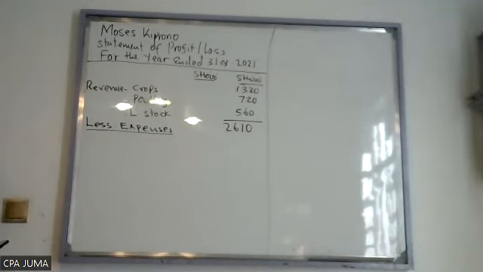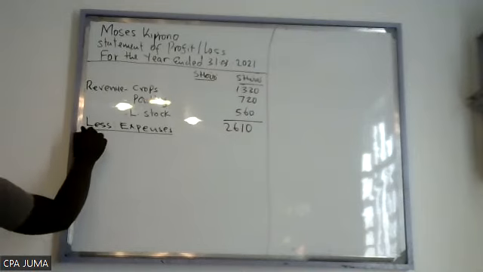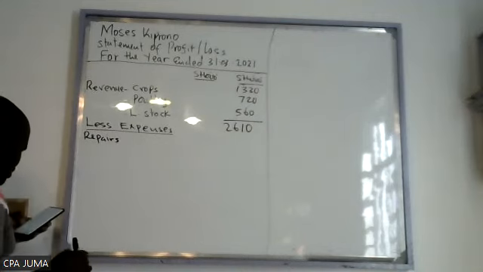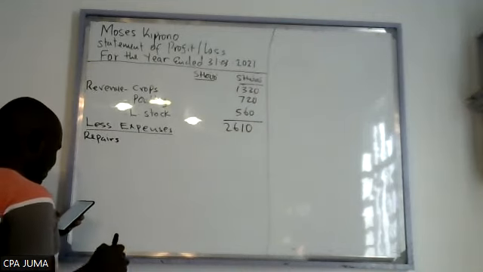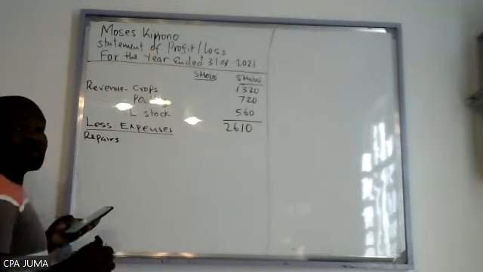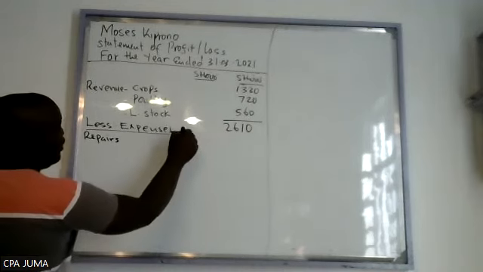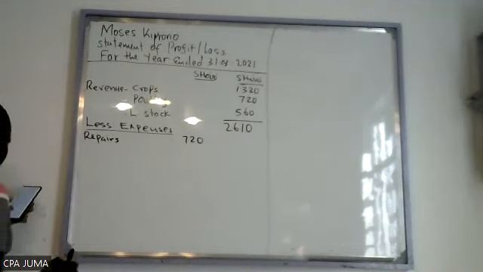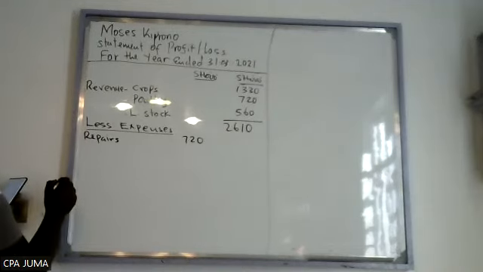So I can see the repairs, the farmhouse. There is repair of farm machinery. So repairs, this is 720. Copy mine at your own risk. Look for your own figure. 720. Then there is farmhouse expenses.